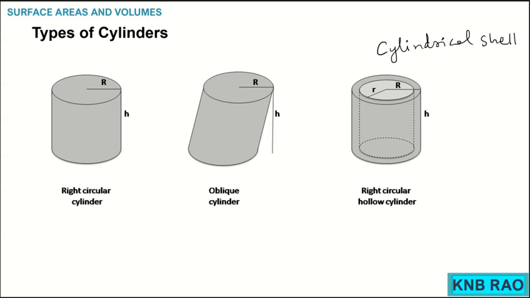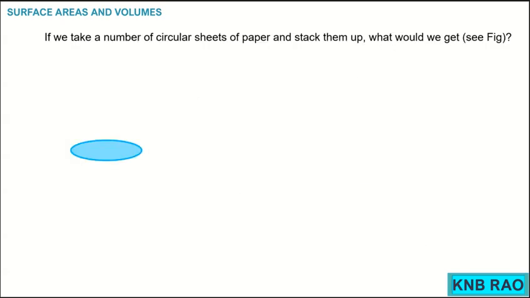Now moving on to another important concept called surface areas and volumes of this right circular cylinder. Students, if we take a number of circular sheets like this and stack them up, what would we get?